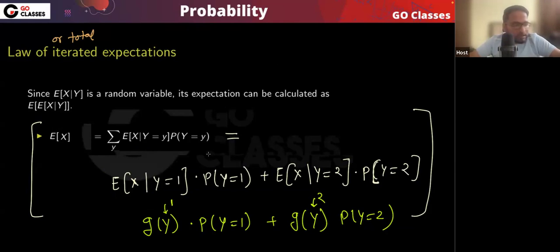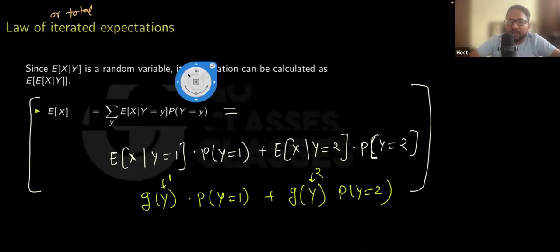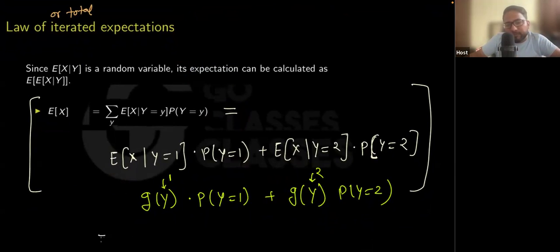So there is nothing much discovery that we will be doing. It's just notation wise, but something is there that I want to convey. Interestingly, you can say this is nothing but expectation of g of y.